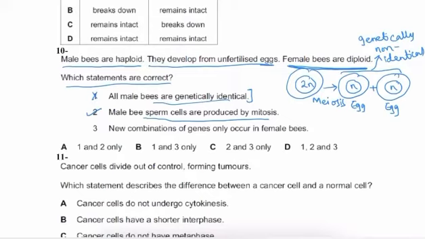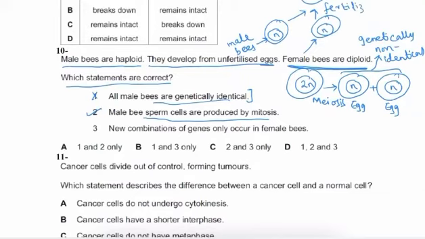Basically, there's an egg from the female bee, which is haploid, and there is a sperm from the male bee, which is produced by mitosis. So these two cells fuse to form a diploid zygote, which develops into female bee, and that is 2n. This is fertilization process, if you recall from your O levels.